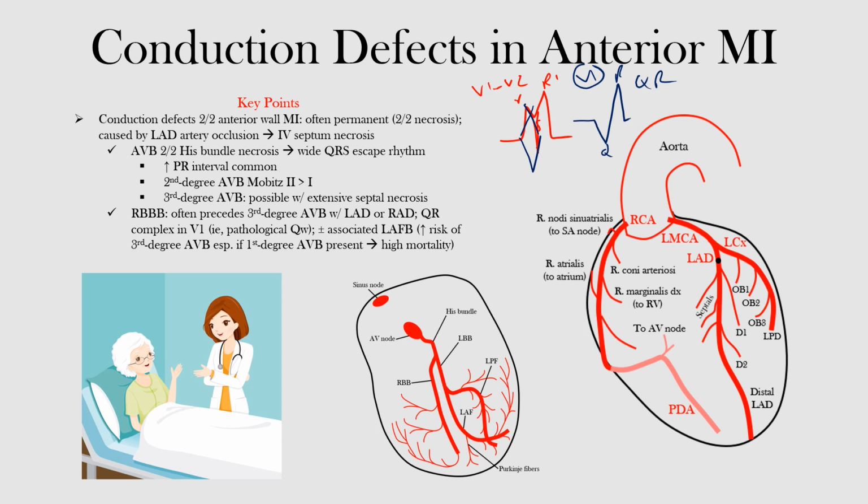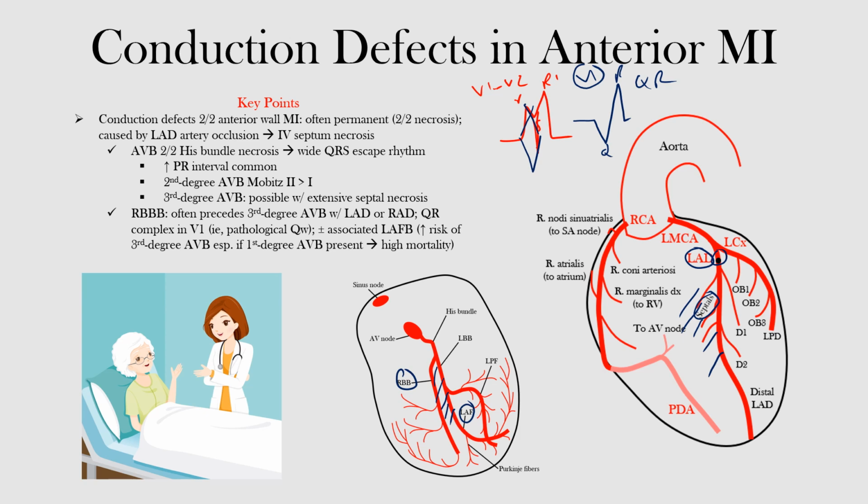So if we have our LAD here, we have occlusion there, and again, both the right bundle branch and the left anterior fascicle are supplied by the proximal septal branches of our LAD. Here are our septal branches, here's our right bundle branch, and as well our left anterior fascicle, right in this region here. So if the anterior portion of the wall is affected, you can see how we can commonly see this bifascicular block occurring with the left anterior fascicle and the right bundle branch.